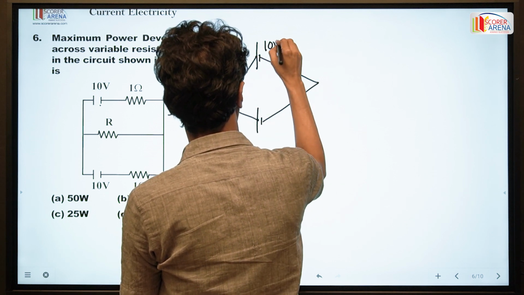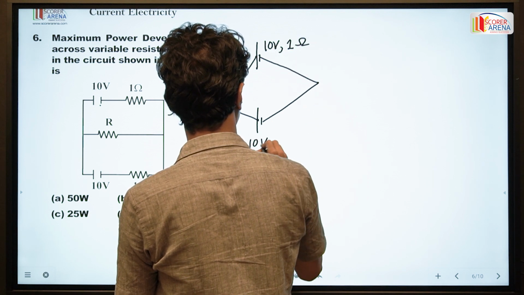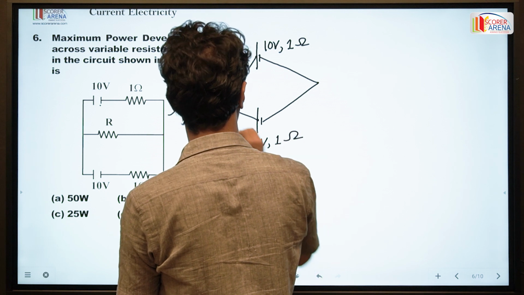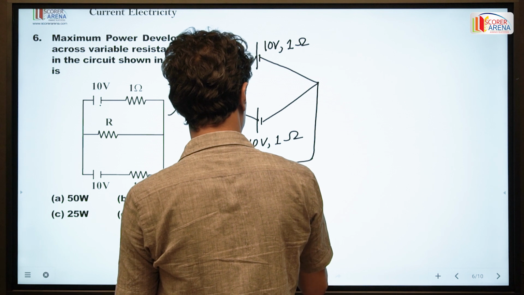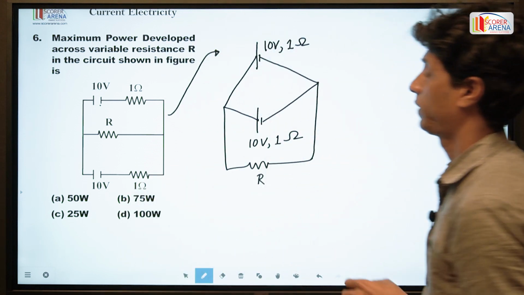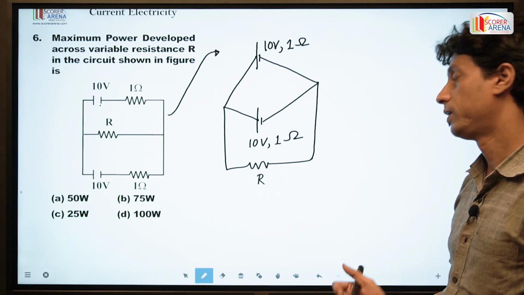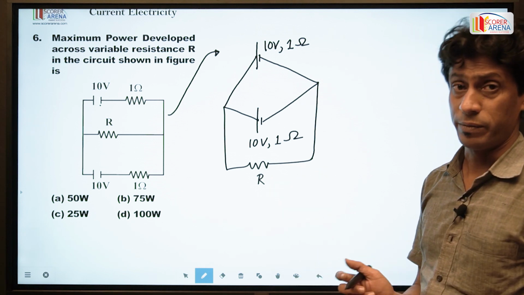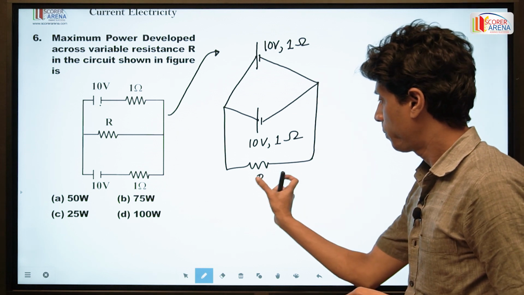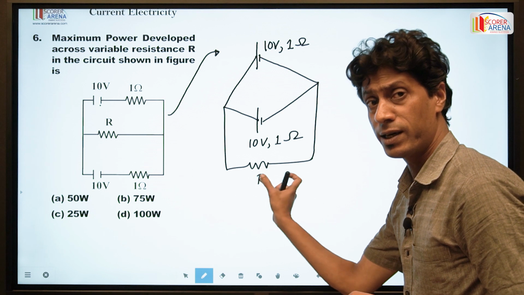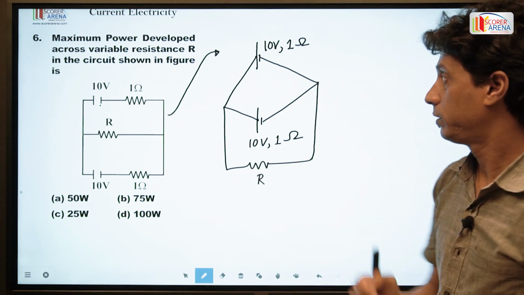This is 10 volt, internal resistance 1 ohm, 10 volt, internal resistance 1 ohm, and the external resistance is R. The question asks for the maximum power developed across the variable resistance R. So this resistance is variable, but for a particular value of external resistance R, the power developed across it is maximum.